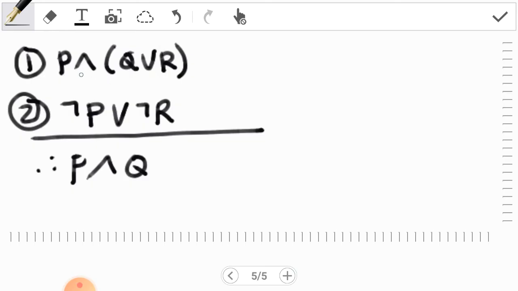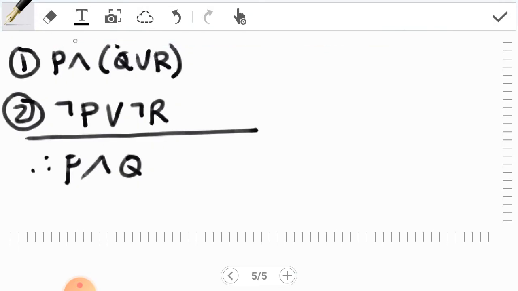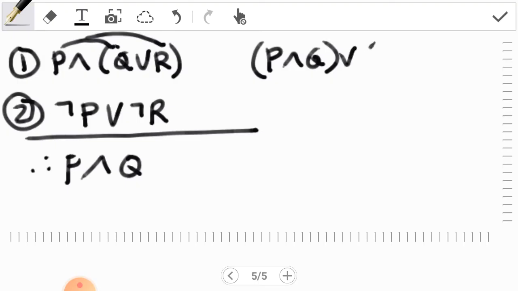You have P and Q or R. So what can we do here? We can distribute P first. And in distributing P, we get P and Q or P and R.